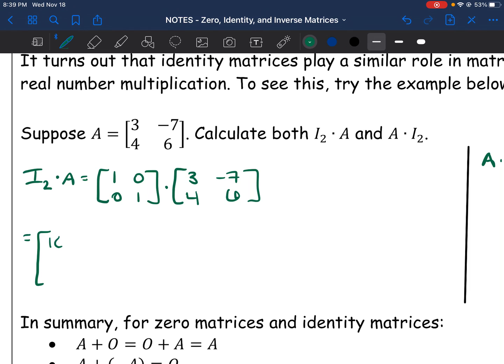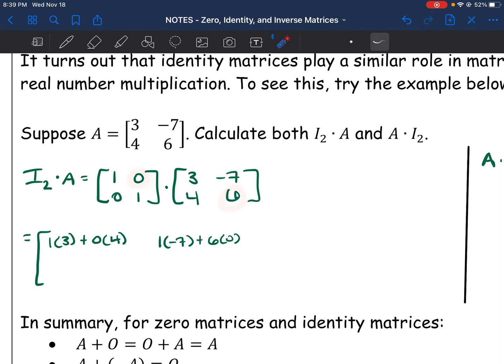So we're going to have 1 times 3 plus 0 times -7. That's going to be our first element. Leave a space. Now we're going to have 0 times 4. Okay, now leave a space. Now we're going to have 1 times -7 plus 6 times 0.